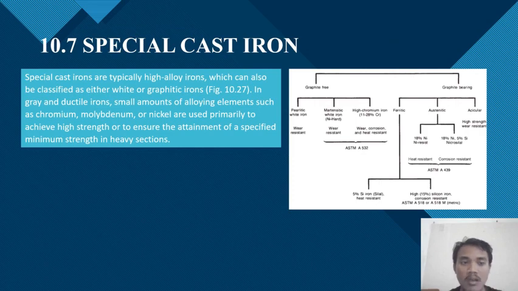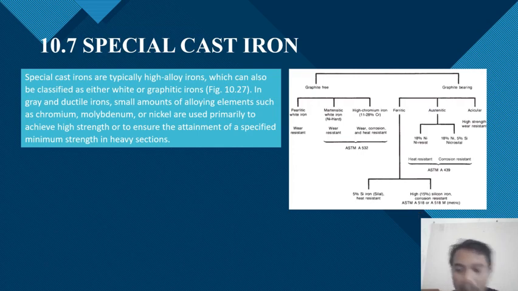And last, we go to special cast iron. Special cast irons are typically high alloy irons, which can be classified as either white or graphitic irons. Here we have graphite-free and graphitic. In the graphite-free group, we have pearlitic white iron, martensitic white iron with Ni-Hard, and high chromium iron with 11 to 28% Cr.